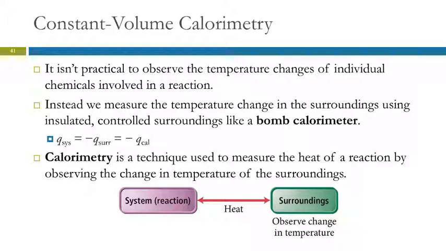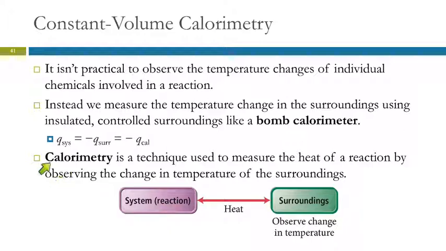And we're controlling the surroundings so that we can measure the temperature change. So the surroundings is the calorimeter. And so the Q for the system is equal to Q for the calorimeter. It's just opposite in sign, because one lost energy and one gained energy.